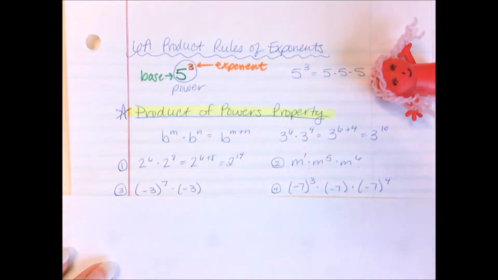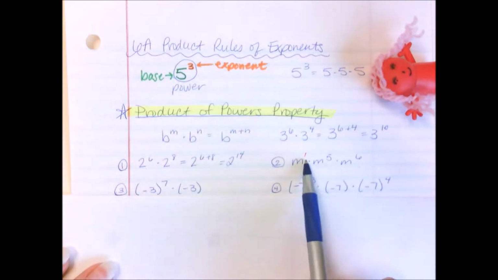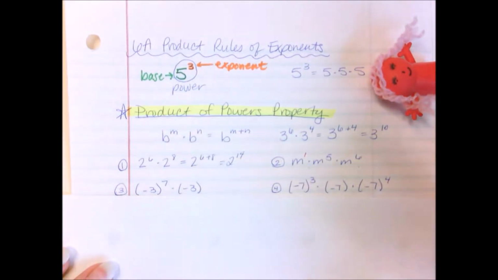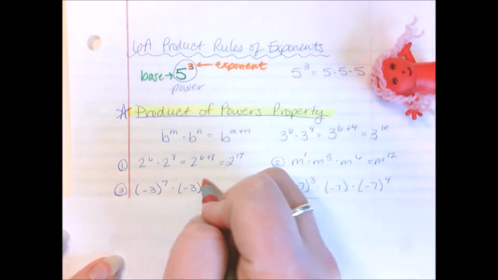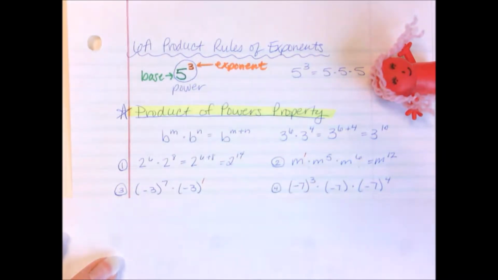Think similar to how there's always a coefficient of 1 on a variable that doesn't have a given coefficient. So in this case, we have 1 plus 5 plus 6 to give us m to the 12th. In number 3, we again have negative 3 to the 7th and negative 3 to the 1st because there is not a specific exponent that is given. So we add the 7 and the 1, and then we will get negative 3 to the 8th.